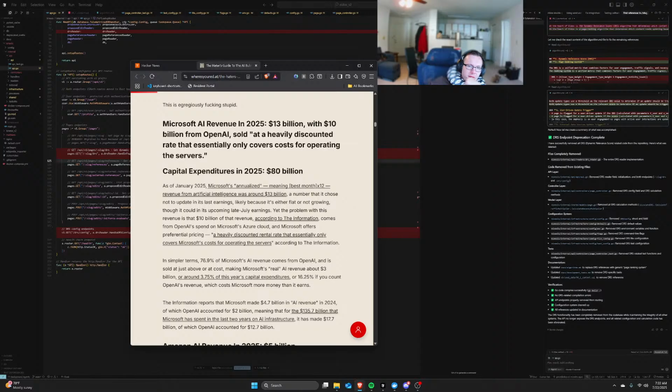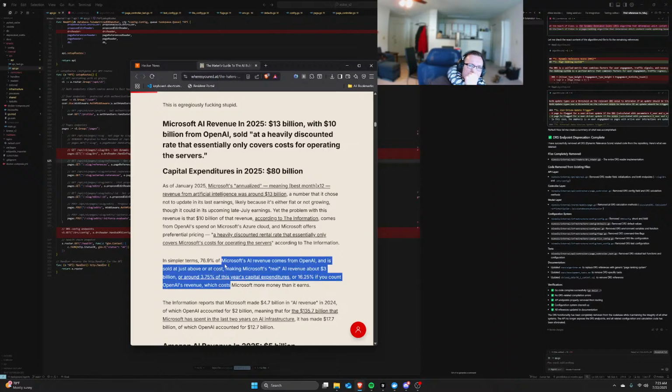So 10 billion of the revenue comes from OpenAI's spend on Microsoft, and that's what's making them money? Holy shit. So 77% of Microsoft's AI revenue comes from OpenAI. So they're making nothing on it right now.